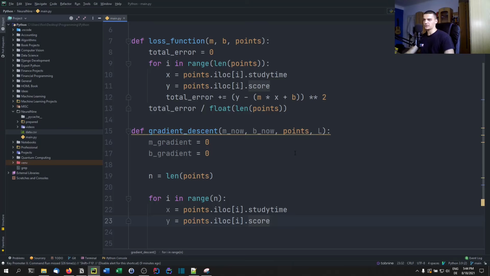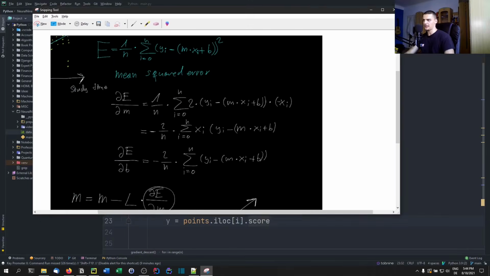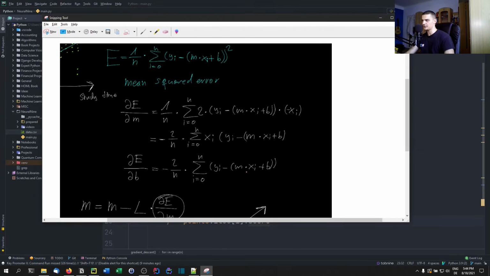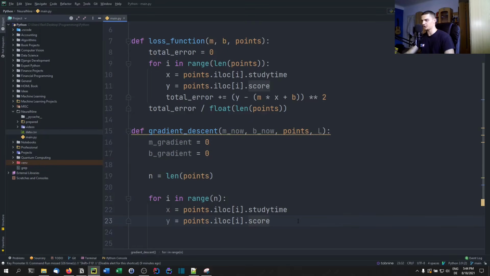And what we do now is we calculate the gradient based on the function here. Again, all I'm doing here is just typing these two functions, these two lines, this -2 divided by n, whatever. The loop is the sum symbol here. All I'm doing here is just putting this into Python code. If you want to understand what's happening here, you need to go back to the mathematical explanation.